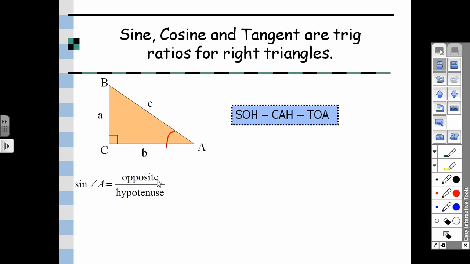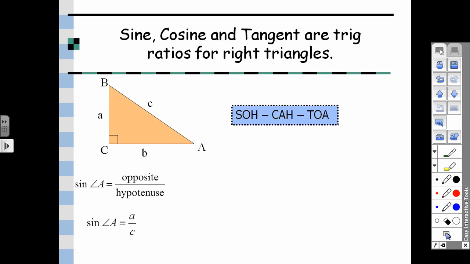When they're talking about opposite, they're talking about the side that is opposite of the angle. So here's the angle and it's pointing towards that side. So that is the opposite side. And then the hypotenuse is obviously the hypotenuse, which is always the side opposite the right angle. So in this case, the sine of angle A is equal to A over C. And you would actually have numbers here like 5 and 7, and you could write your ratio as 5 over 7.